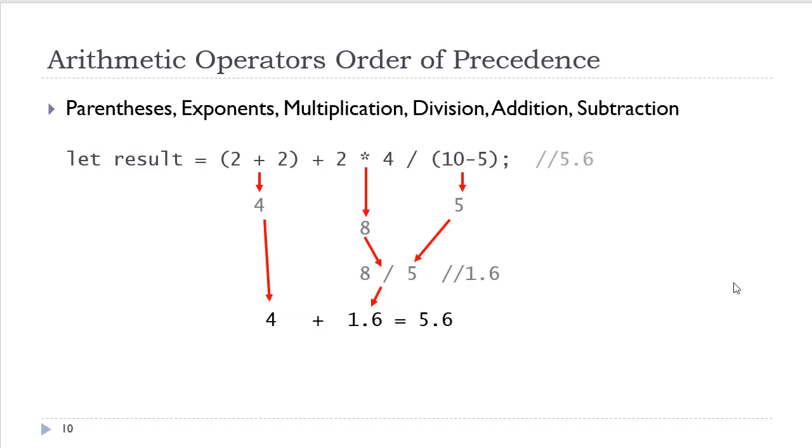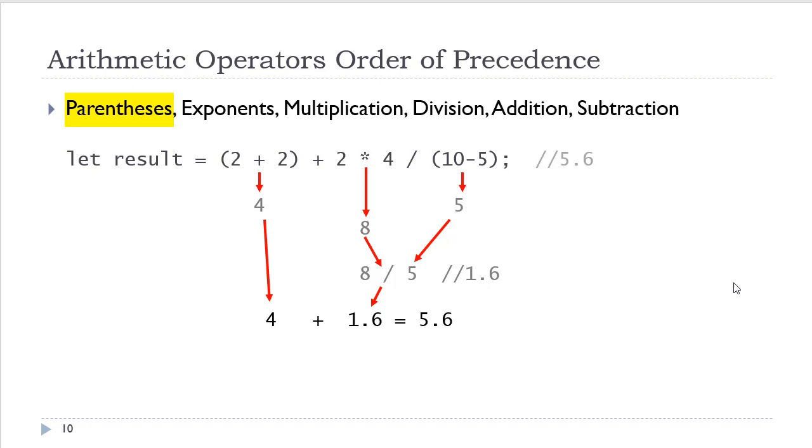When using arithmetic operators, there is an order of precedence. JavaScript does read from left to right. However, certain operators will take precedence and be executed over the others. Here is the order of precedence: parentheses. Anything inside parentheses is evaluated first.